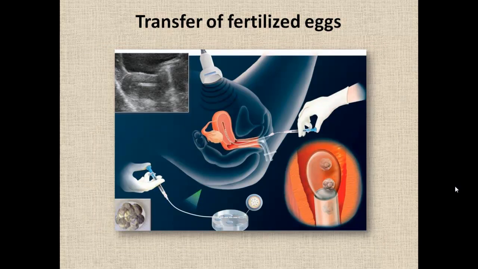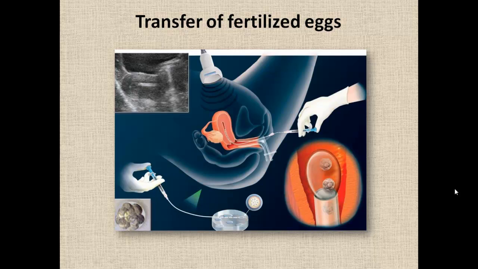And the last one is transfer of fertilized eggs. A few days before the embryo is transferred, mama will be given the hormone progesterone to help prepare the uterine lining to receive the embryo. After the eggs are fertilized, they will be stored for 3 to 5 days in a special place before being transferred to mama's uterus.